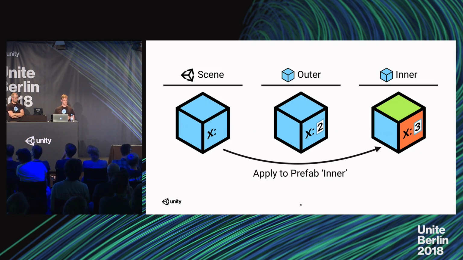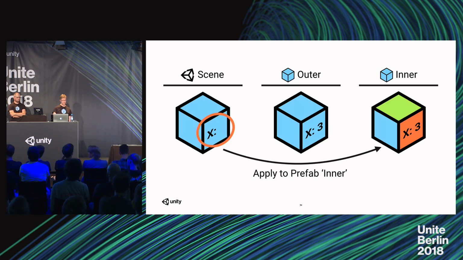We still start by applying the override to the inner asset, where it becomes just a regular value. But crucially, we remove the override from the inner prefab instance in the outer asset, just to that property which we are dealing with here. So it no longer has an override, and instead inherits the value of 3.